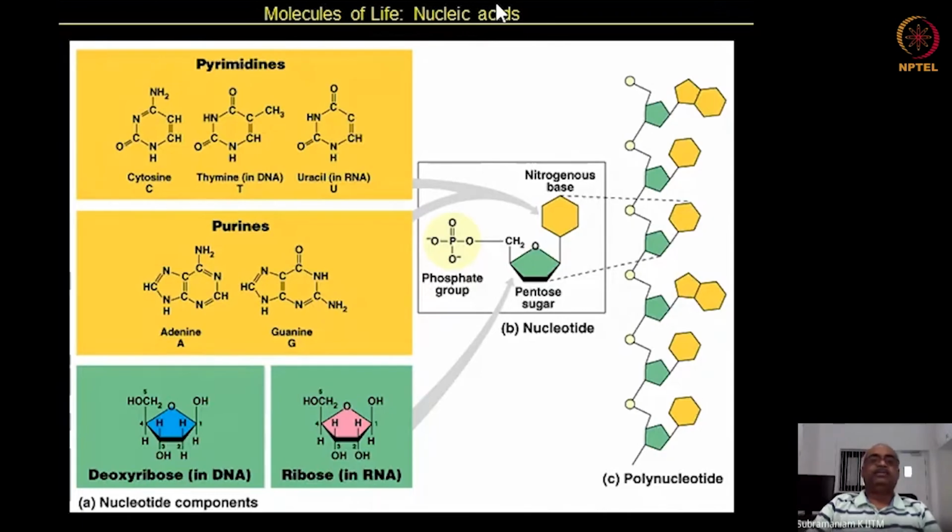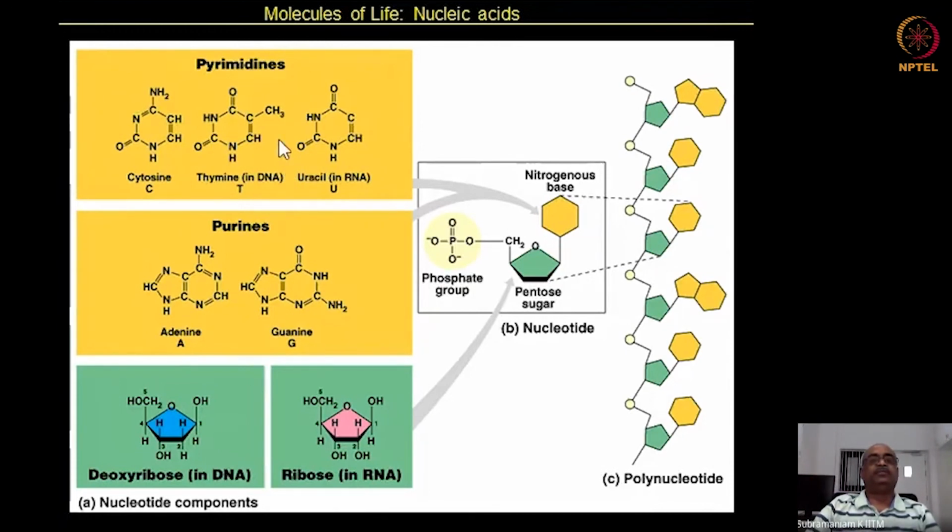Okay. So now let us get into a little bit more detail. I told you about nitrogenous bases, two types that are visible in this cartoon: pyrimidine and purine. So now let us look at what the different purines and pyrimidines are. Here are the three pyrimidines shown in the top left orange box.